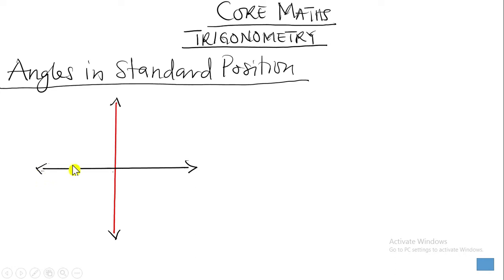The horizontal number line is called the x-axis, and the vertical number line is called the y-axis. Now you know on the number line, numbers to the right are positive, and numbers to the left are negative. The same thing applies to this one. So numbers above here will be positive, and numbers below here will be negative.